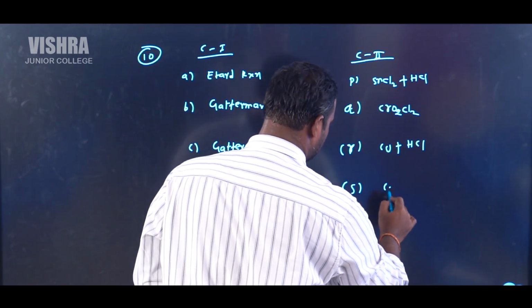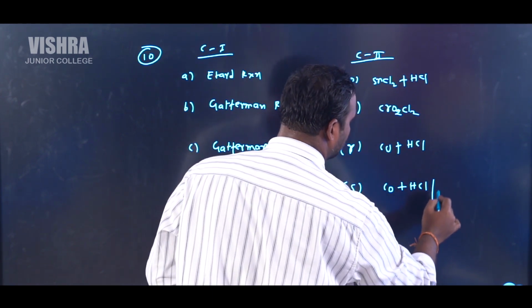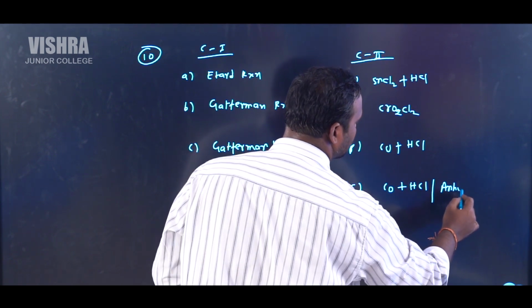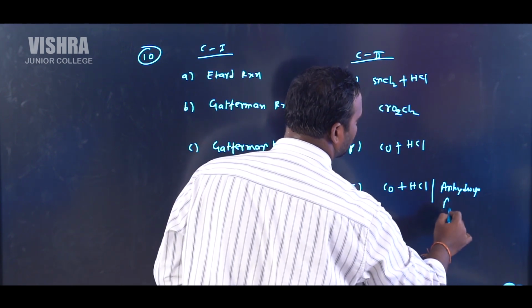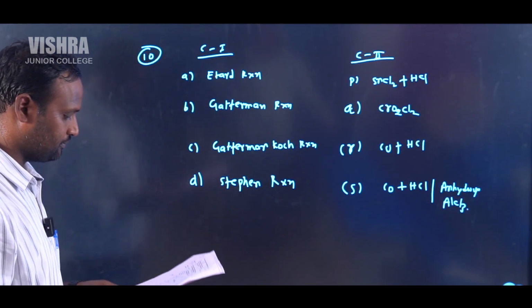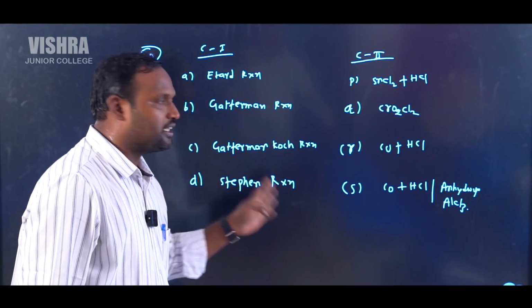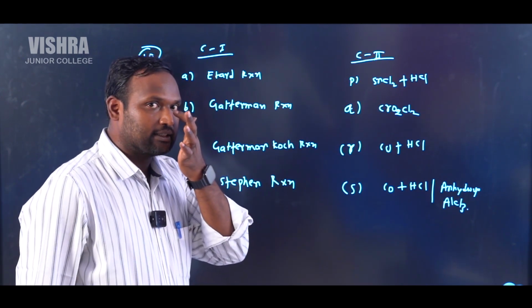Next one is CO plus HCl in the presence of anhydrous AlCl3. He gave 4 named reactions and 4 different reagents like this.